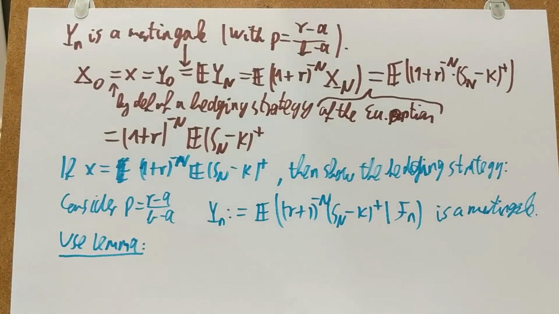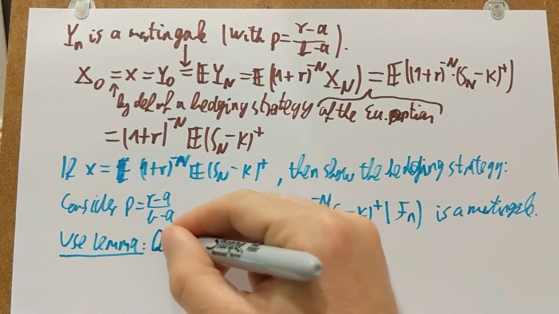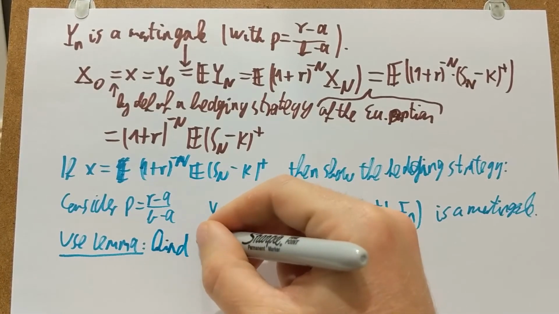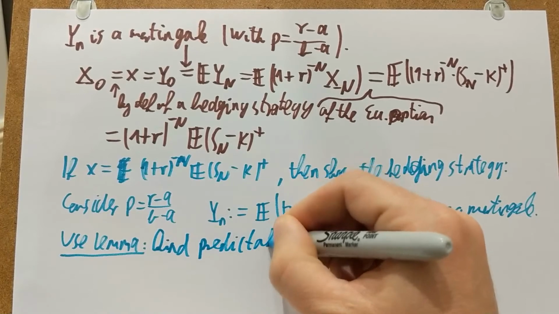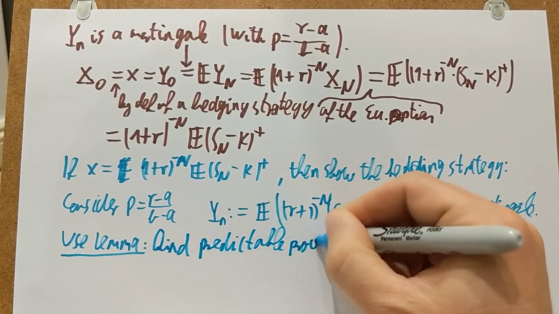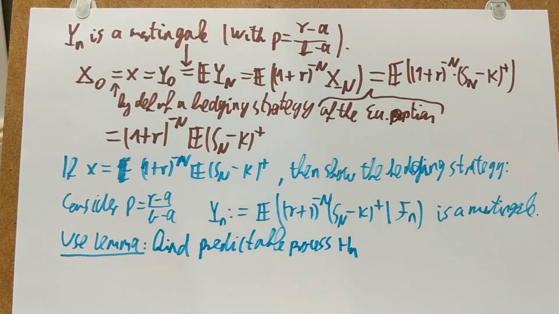So start with this martingale. For that martingale, find the predictable process. Find the predictable process Hn using the lemma.